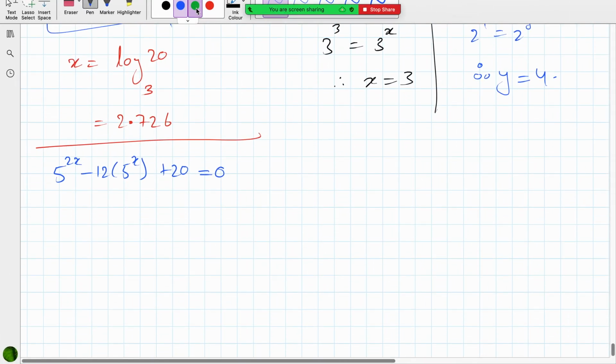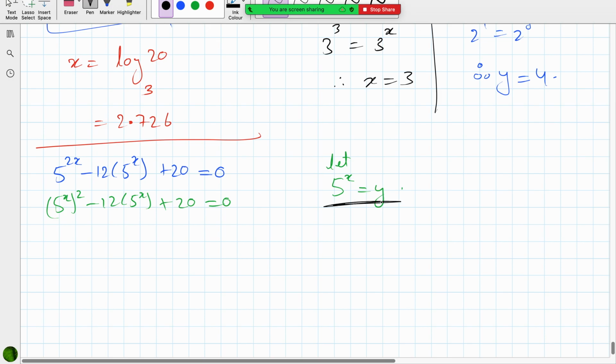Now for ease, if I say let 5 raised to power x equal to y, may I write it like this? Minus 12 into 5 raised to power x plus 20 is equal to 0.